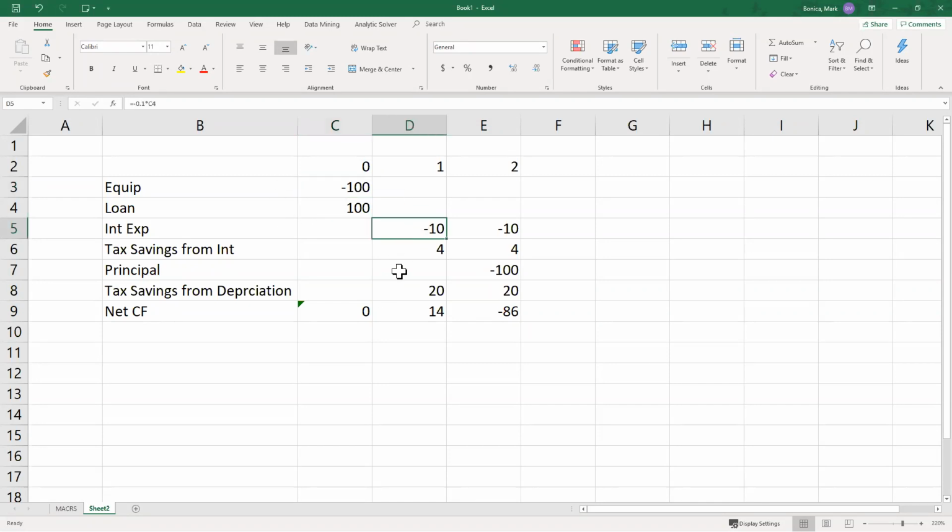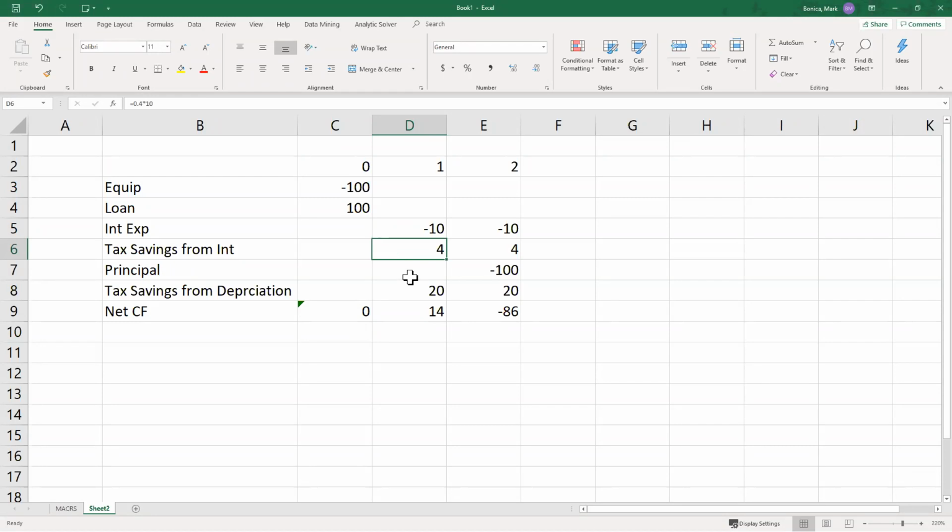The interest expense each year is 10,000 on our loan. So we have to pay the bank 10,000, and because we're paying the bank, that's a negative number, a cash outflow. And then, because the interest expenses reduce our taxable income, we have a tax savings from paying that interest. So we pay less taxes.